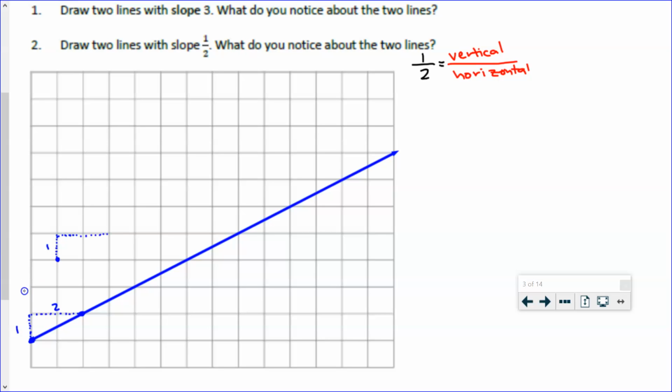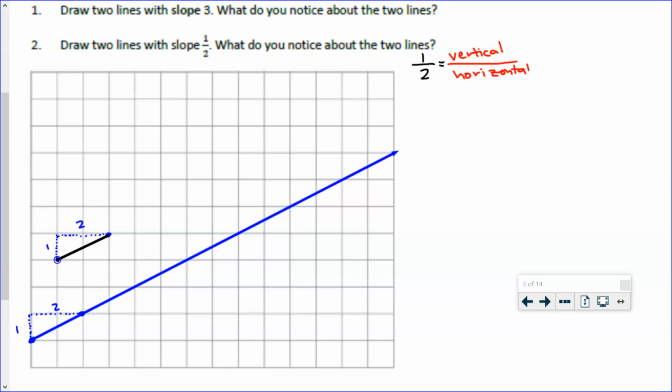Should I go over 4? Should I go over 7? Should I go over 1? No, the horizontal change needs to be 2. Guess what? I have my second point. All it takes to draw a line is 2 points. So I'm going to draw that line that goes from here to here.